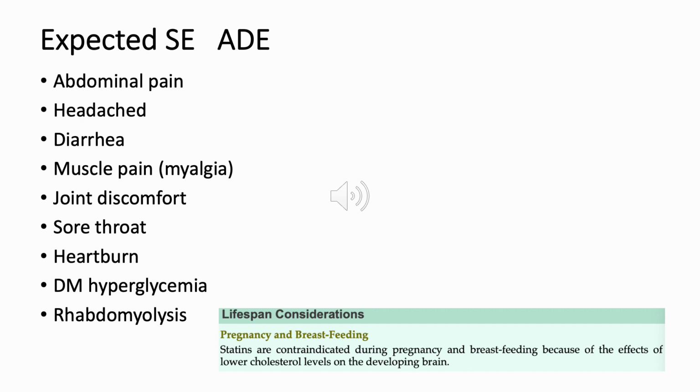Some adverse effects. The action of statins is in the liver, and liver function is therefore affected to some degree. Liver failure has been reported, however, it is rare. With higher doses of statins, patients may experience rhabdomyolysis, which is muscle breakdown. This is a very serious condition that can be life-threatening.